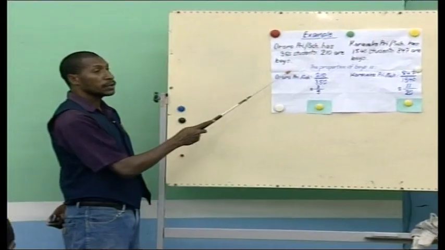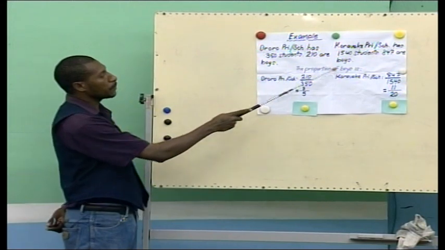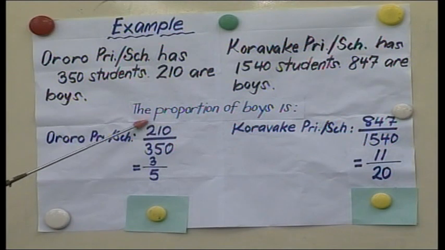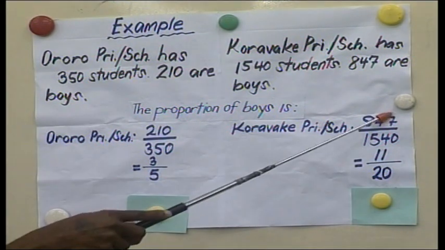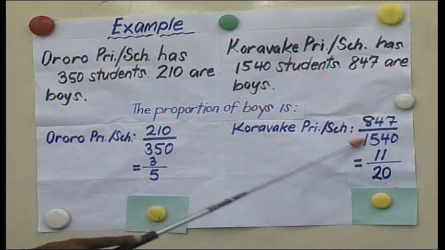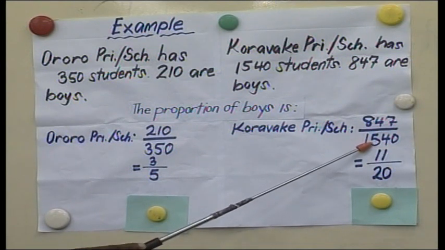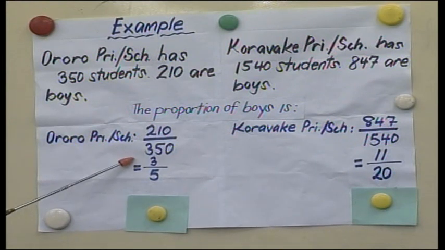Now, if we look at the proportion, what is the proportion of the boys? For Aurora Primary School, 210 over 350 is the total number of boys in the school. For Korawake Primary School, this is the total number of boys, and the total number of students is 1,540. Now, the question here is, which school has the higher proportion of boys?